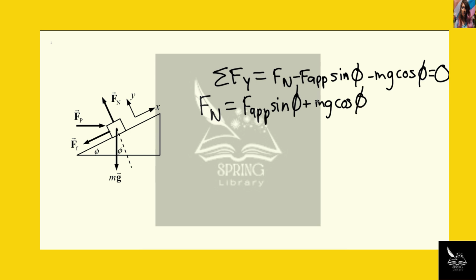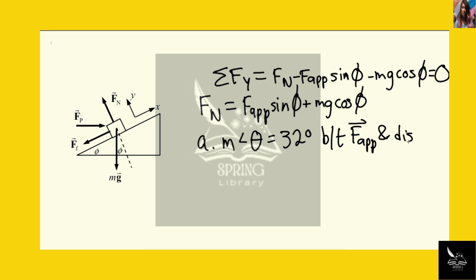So at this point, we can say that for part A, the angle measure equals 32 degrees, and this is between the force applied and displacement.